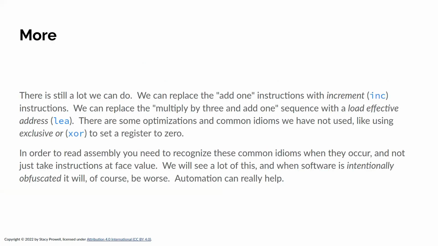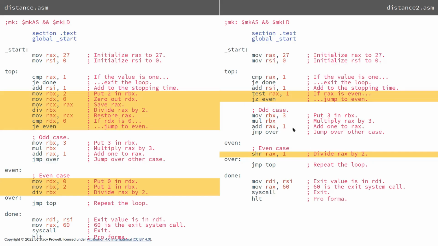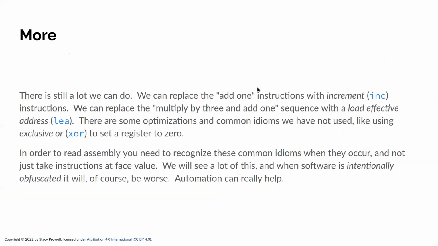There is more we can do. If we go back here, you'll see we're adding 1 to RSI. This is slightly less efficient than using a special additional instruction called increment. I can increment RSI a little faster.